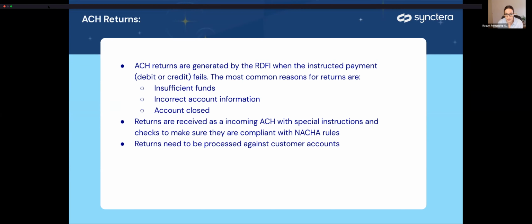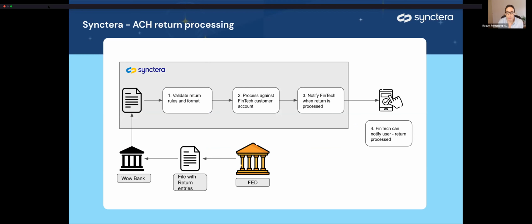Returns are received as incoming ACH with special instructions and checks to make sure that they are compliant with NACHA rules. Also, returns need to be processed against the customer accounts. Even though they are returned, they need to be processed. So the same thing as we did for outgoing ACH, to be able to get ACH money to external bank accounts, we thought about how we can simplify this process for the fintechs.